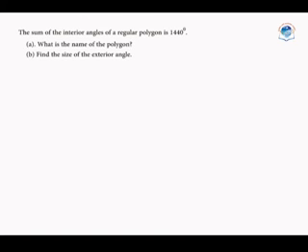In our solution for A, to be able to find the name of the polygon, we need to find the number of sides, and we know the number of sides is equal to the number of the interior angles. So the formula for calculating the sum total of the interior angles is n minus 2 times 180 degrees. So we equate that to 1440.